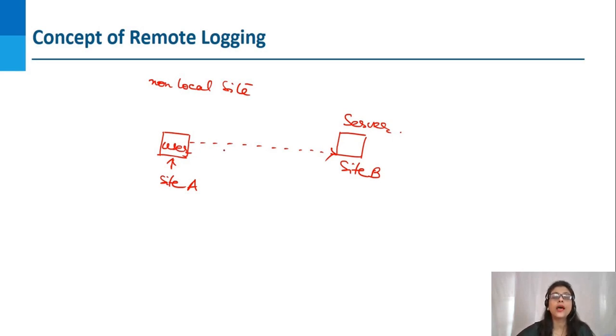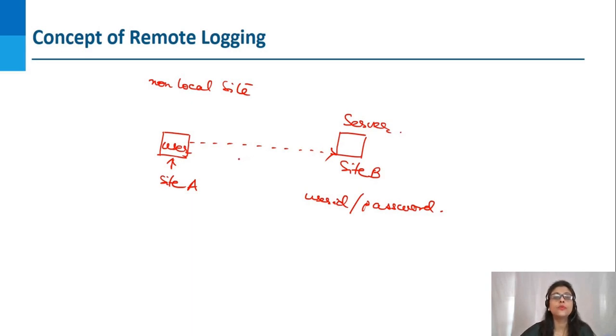So the user has to have a user ID and password to log into the server computer and then access its resources. After that, the result will be fed back to the user at its local site. It will seem that the user is actually working at the server.